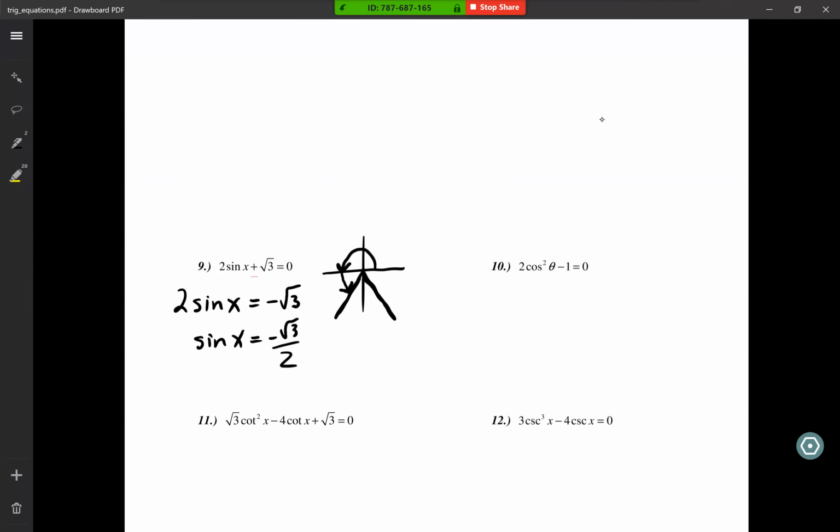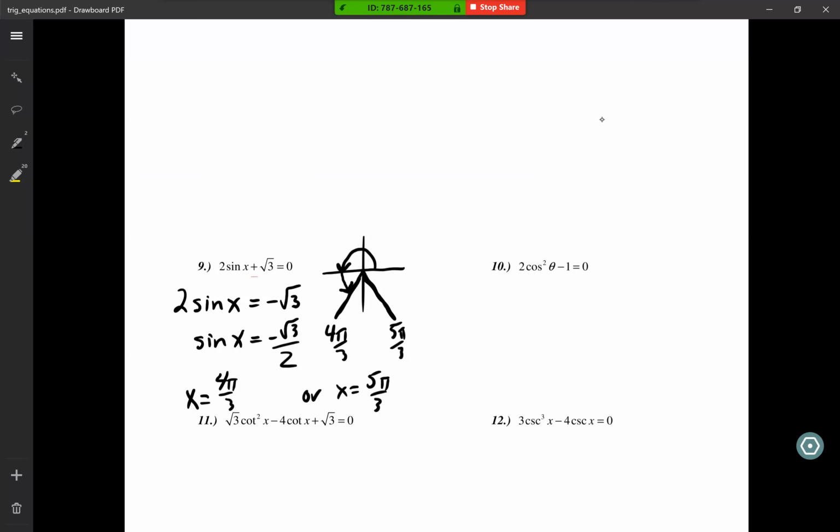Yeah, so that's another 60, so that's 4 pi over 3, right? We had to go 3 pi over 3 plus one more. So what's this one over here then? That must be the next one over, and it's 5 pi over 3, right? So the solutions that are in 0 to 2 pi are 4 pi over 3 and 5 pi over 3.